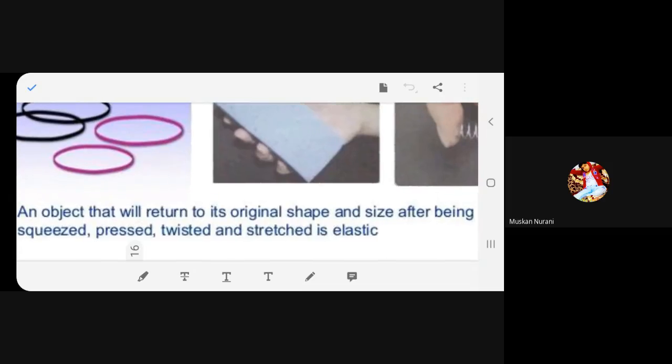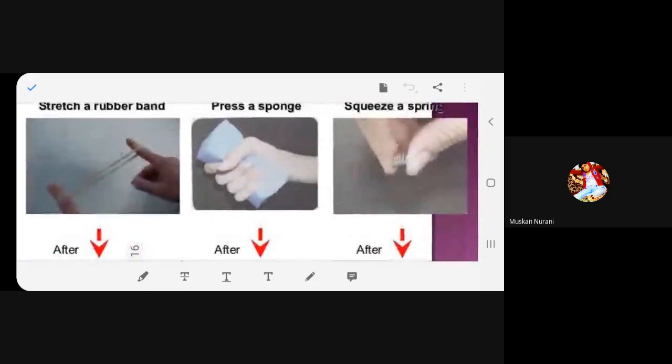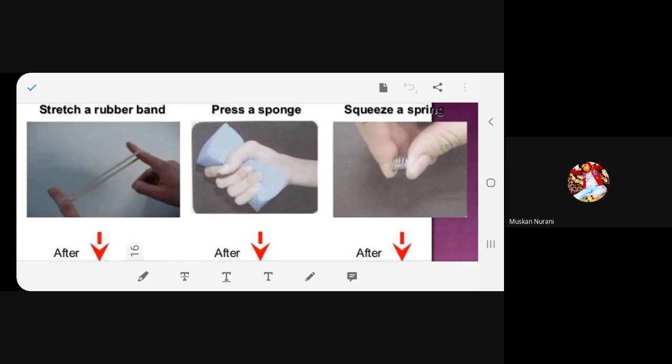So what is written over here? Please read. An object that will return to its original shape and size after being squeezed, pressed, twisted and stretched is elastic. So now you have learned that all these things are called elastic: rubber band, sponge, spring.